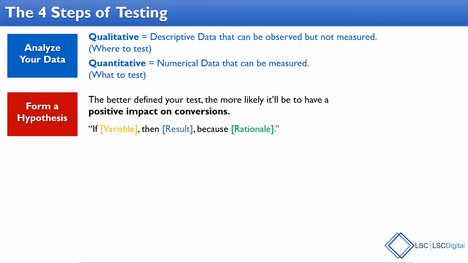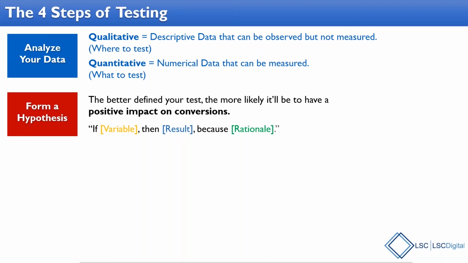Next, form a hypothesis. So basically saying, this is what we're testing, this is why we're testing it, and this is what we expect to happen because of this testing. Sounds really simple, but if I had $1 for every time a client who was spending a ton of money on their online marketing never put together the who, what, where, when, and why of their test, I would not be giving a webinar today.